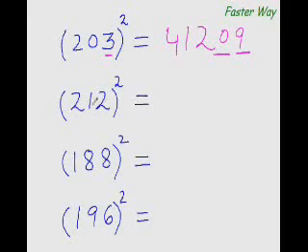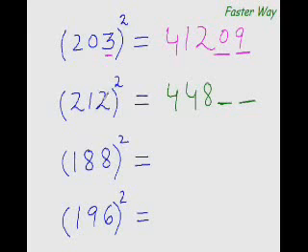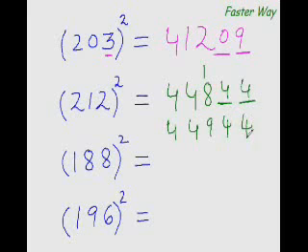So once again add this 12, that is distance from the base 200, to this entire number. 12 plus 212 would be 224, and double of 224 would be 448 using the doubling technique. Now two more places to go. So just put the square of 12 here. 12 square is 144. So the answer would be 44944.